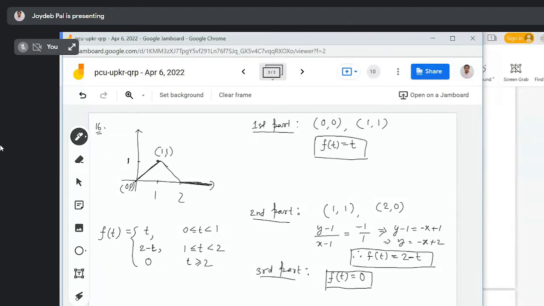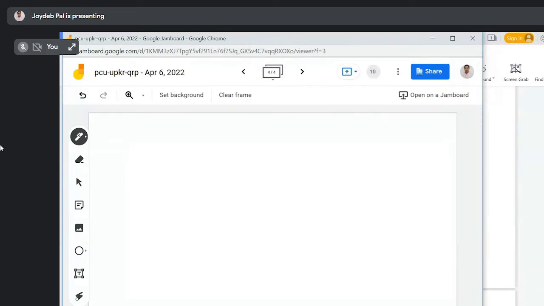Now you can take the Laplace transform. So the Laplace transform of f(t), that is the integral from 0 to infinity. First I am writing the definition, e to the power minus st f(t) dt.